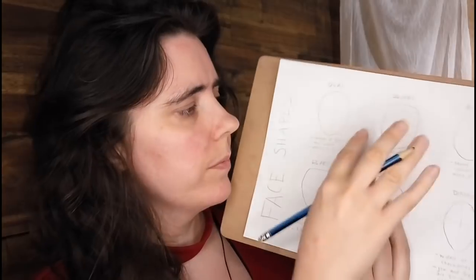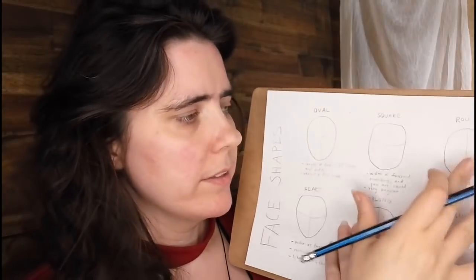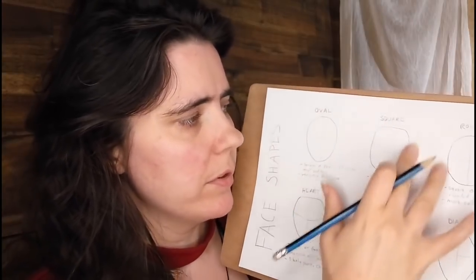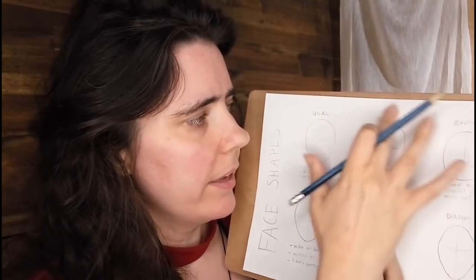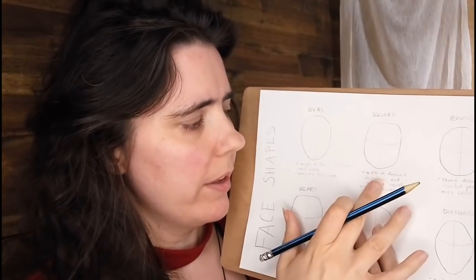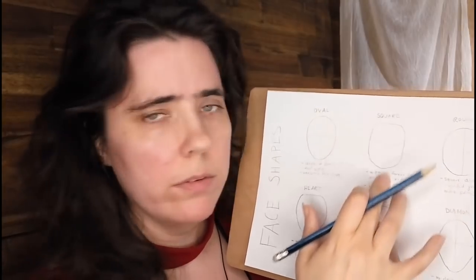So that sits you right here in the square proportions, and you definitely are much more angular. So not a round face shape, you definitely have that angular jaw. So the characteristics of a square, we have the width of the forehead, cheekbones, and jaw are all equal.